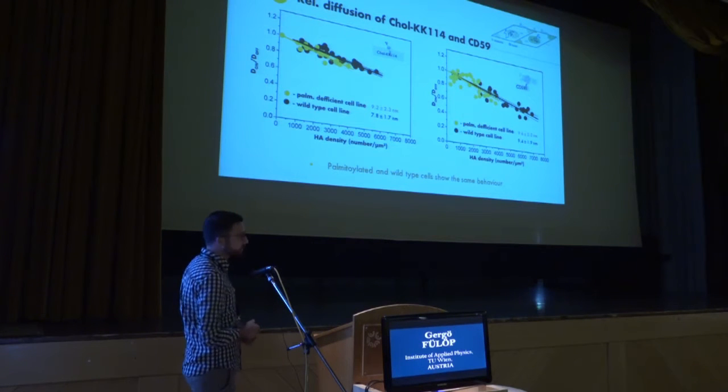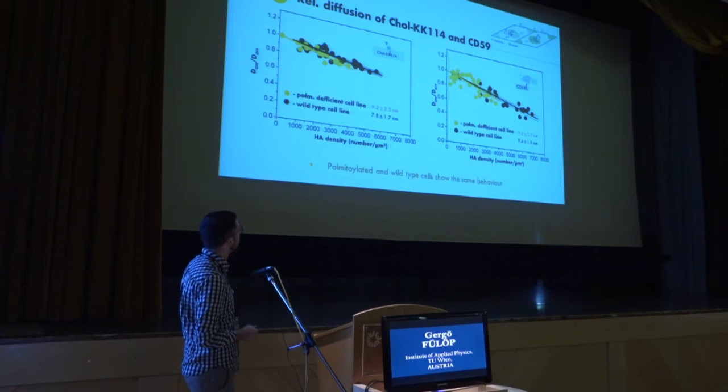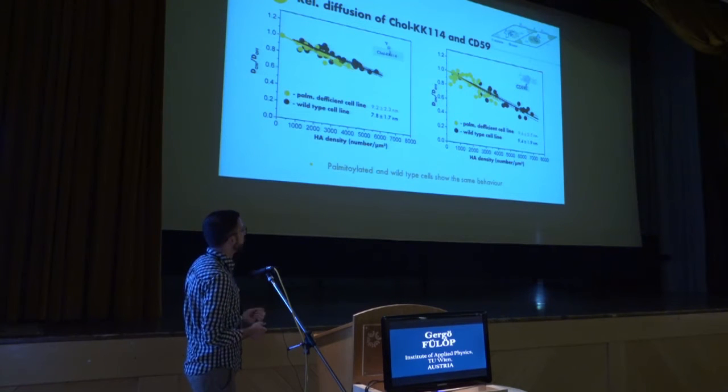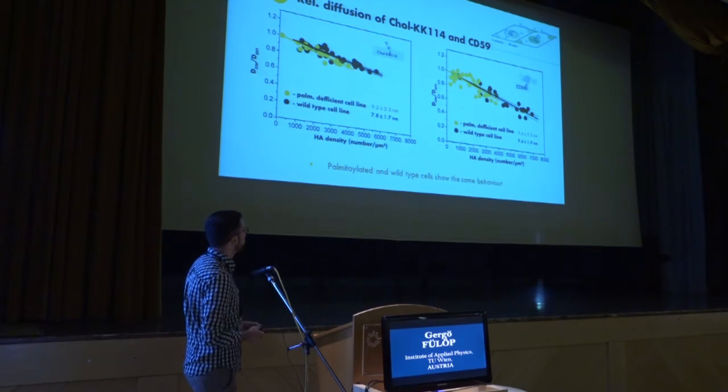And what you should appreciate here, that we didn't see big difference between the diffusion behavior of cholesterol if we had palmitylated or non-palmitylated proteins. We did exactly the same experiments with a GPI-anchored protein, which should be, again, a liquid-ordered phase probe. And as you can see, it's exactly the same kind of behavior. We have a bit of slowing down effect, but there is no huge difference between the palmitylation deficient cell line and the wild-type cell line.